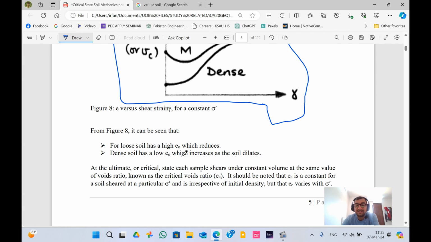When every sample, loose, dense, and medium, shears under constant volume at the same void ratio at the ultimate stage, it is known as the critical void ratio. We have also studied the critical stress, because at that point it starts to disintegrate.